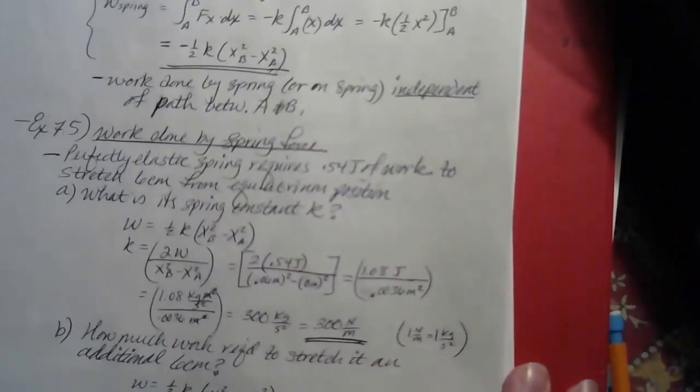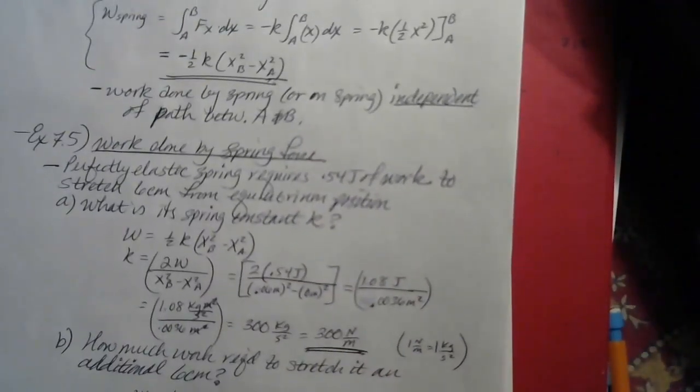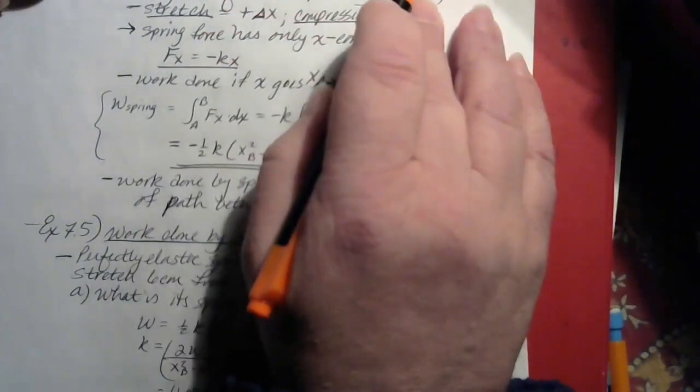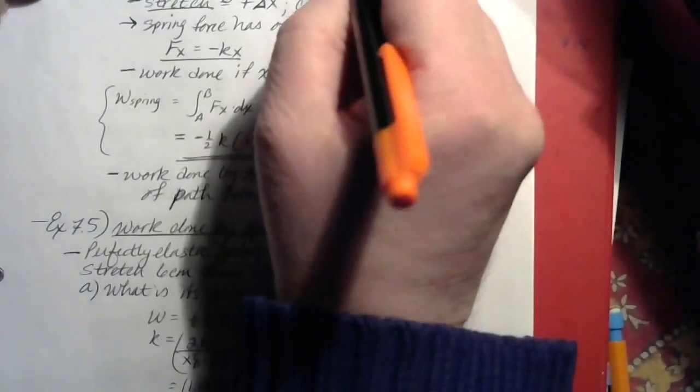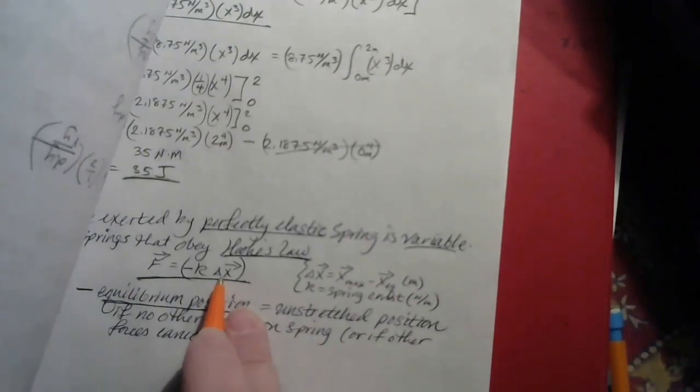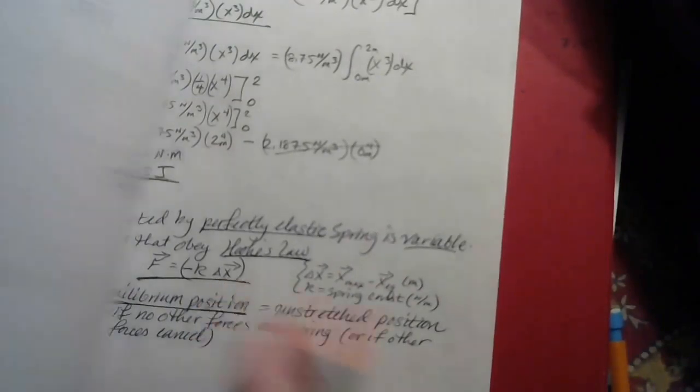And when we look at the work done by spring force, you have to define your axes. The way the equation works implies that the spring is being stretched along the X direction. But it could be the Y direction or the Z direction, in which case delta X in this equation would become delta Y or delta Z instead.